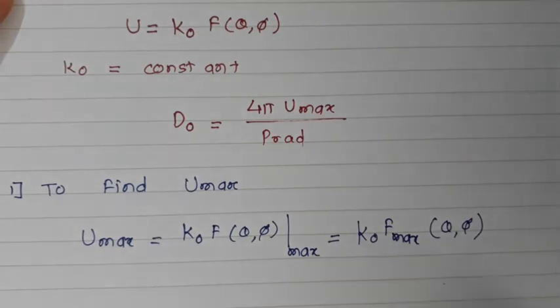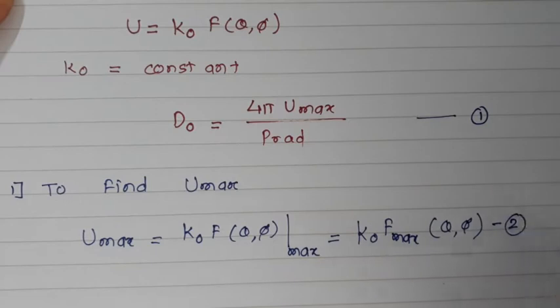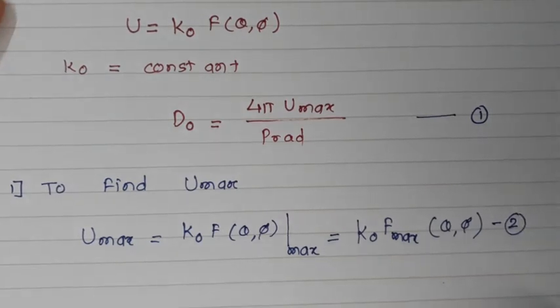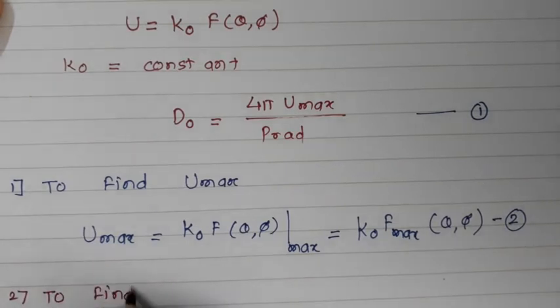Let us denote this as equation number 1 and this as equation number 2. Now we have found the U max. Now let us find the P radiated. The second step is to find the radiated power. So how can we find the P radiated?